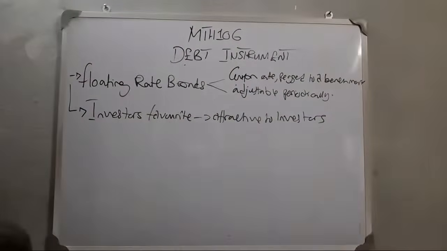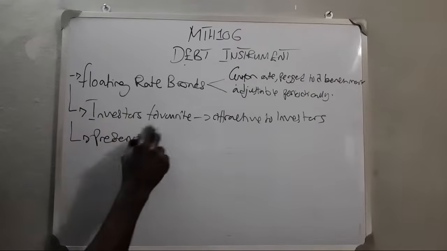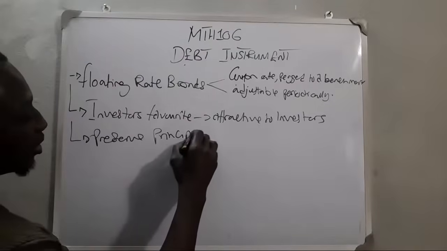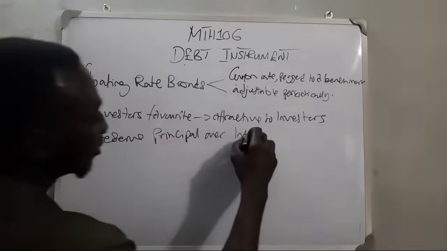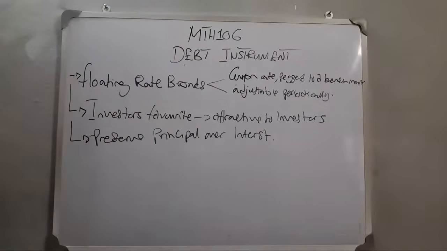They are attractive to investors because investors are more interested in the preservation of principal than in having an assured amount of income, which is the interest. Preserve principal over interest.